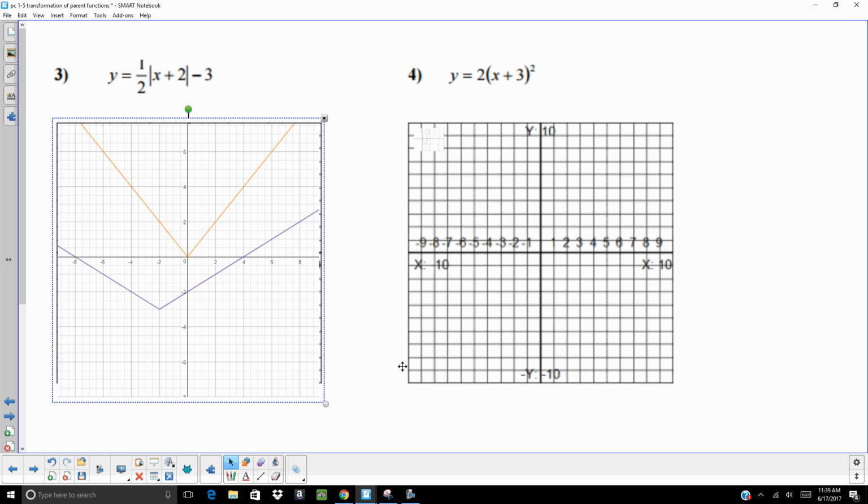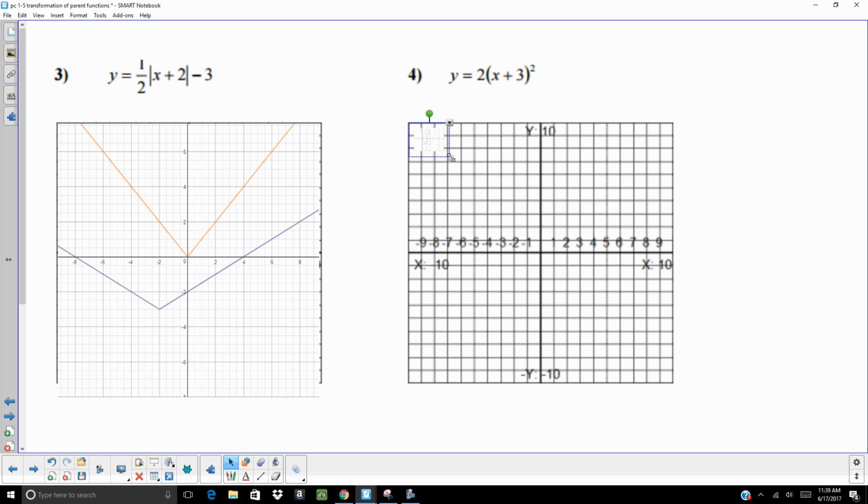Then I'm shifting that to the left 2, down 3. So my vertex went from 0, 0 to -2, -3. And my slope went from 1 to 1/2 and -1/2.